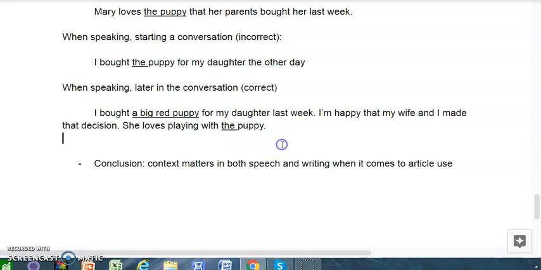So, to conclude this point, we use the definite article to clarify for the reader what specific object or noun or place we're talking about.